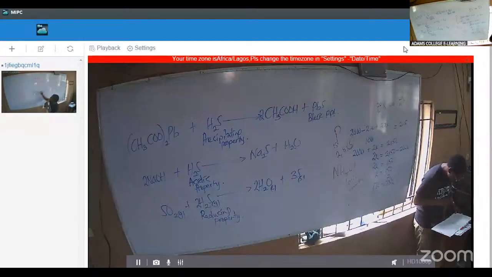The process of converting linear alkanes to branched chain and cyclic hydrocarbons by heating in the presence of a catalyst to improve the quality of petrol is referred to as what? Reforming, not cracking. Cracking is when you break down higher to lower. Reforming. I've just told you this one now.